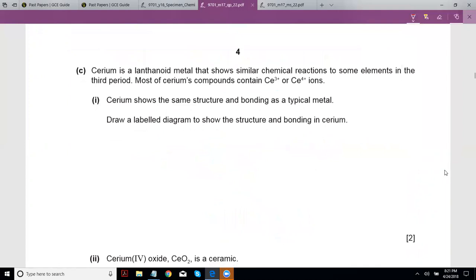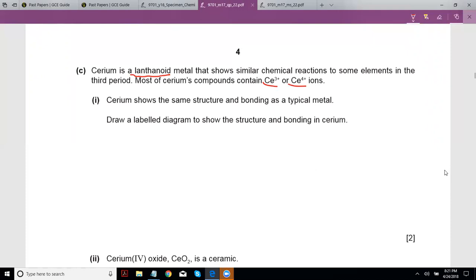Cerium is a lanthanoid metal. Okay, God knows what that is. Those at the bottom of the periodic table, right? It's a metal that shows similar chemical reactions to some elements in the third period. Most of cerium's compounds contain... and look, they do this a lot.